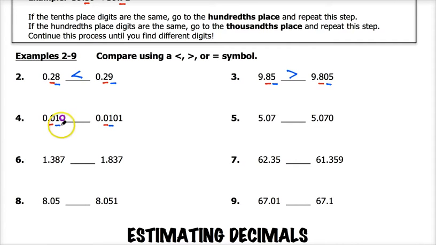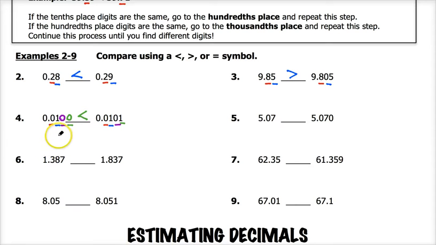So we have a 0 here in the thousandths place. We have a 0 here, so these are the same. So now we need to go to the 10,000ths place. We have another 0 here in the 10,000ths place. Here we have a 1, and so that means that the second number, 0.0101, is larger than the first, so we'll use a less than sign to show that.